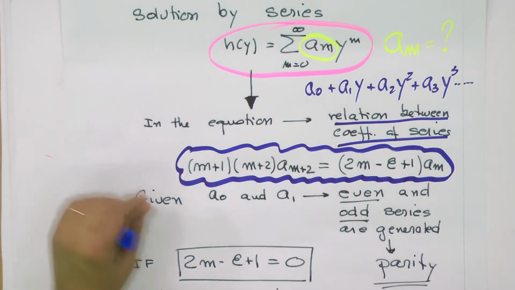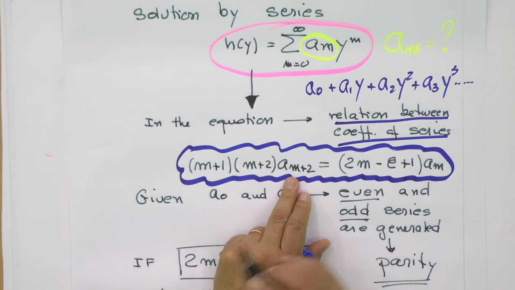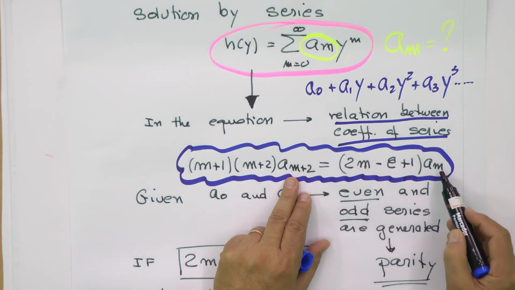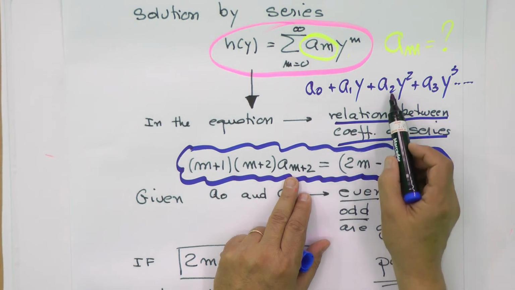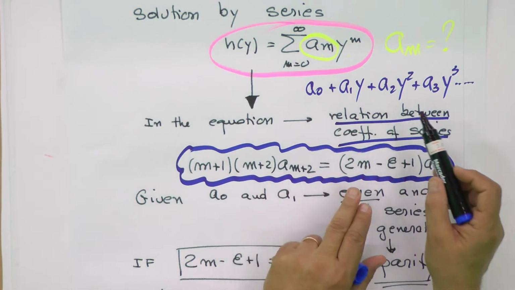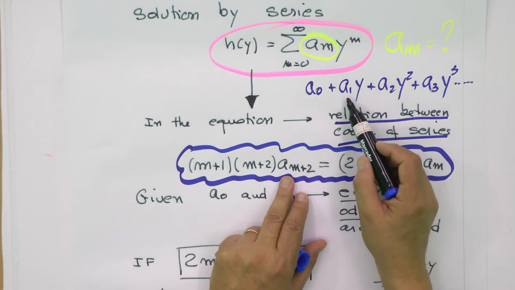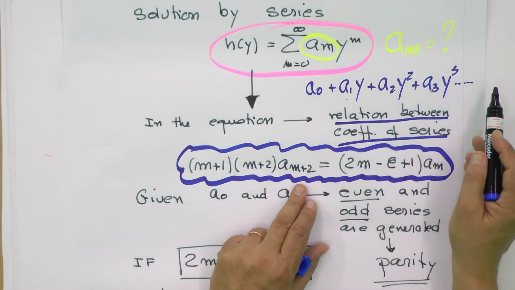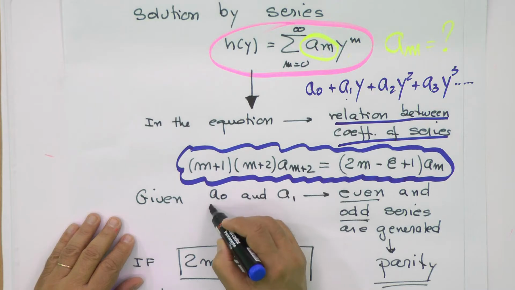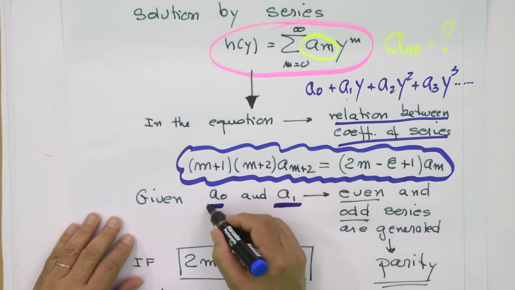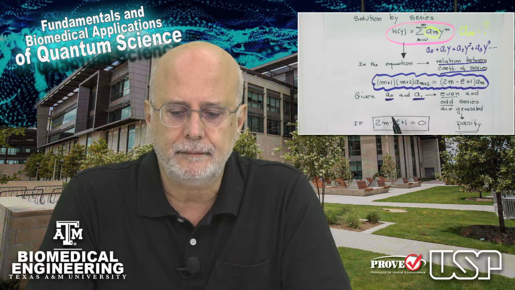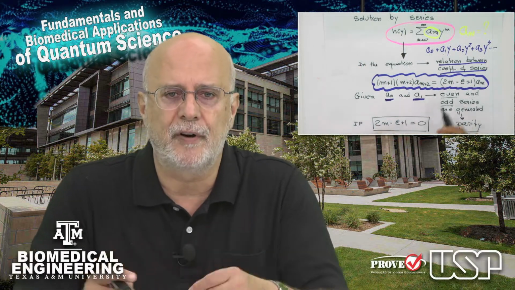It's a series where any coefficient m plus 2 is related to m. So A2 is related with A0. A3 is related with A1, and so on. Basically, if I know A0 and A1, which must be given somehow, I can recover all the series.